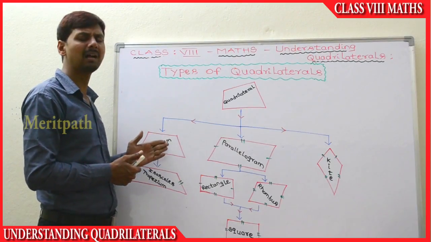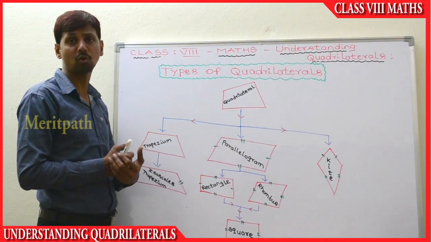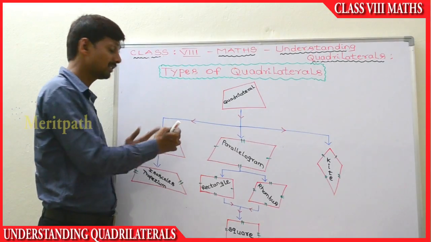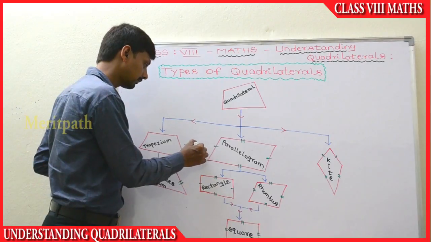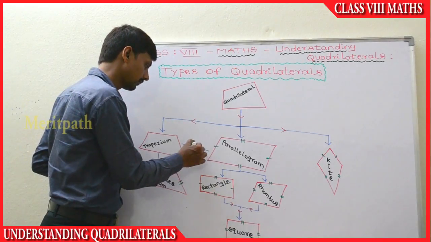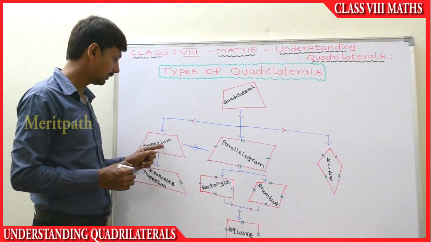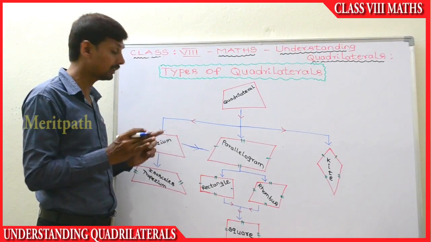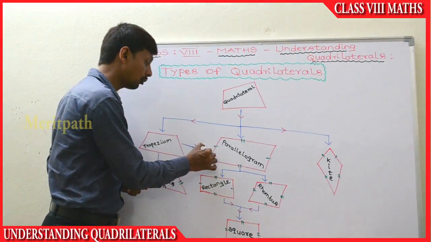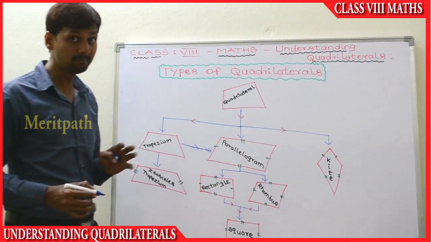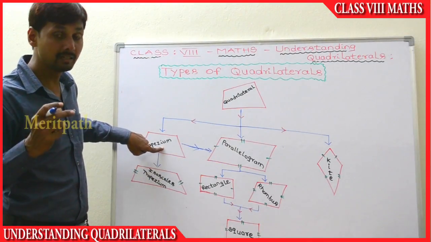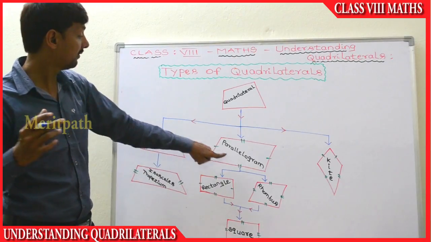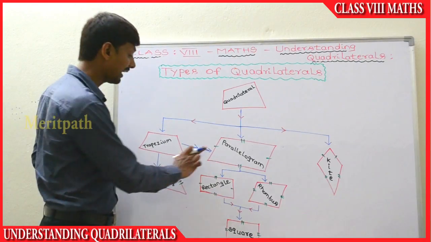We can also take it directly from the quadrilateral and connect this to the parallelogram. In a trapezium, if opposite sides are parallel and equal, then we call it a parallelogram.